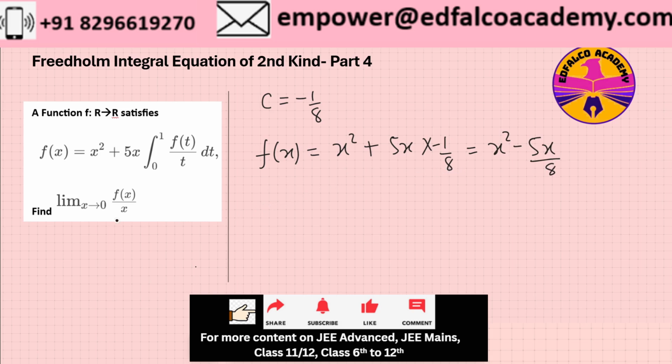Now the question is asking us to find the limit as x tends to 0 of f of x by x. Let's divide by x. It is x square minus 5x by 8, sorry, not the entire thing is divided by 8, it is only 5x by 8, and then the entire thing is divided by x.